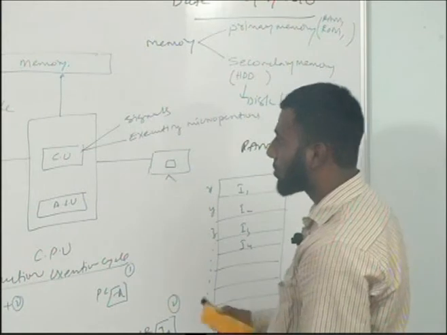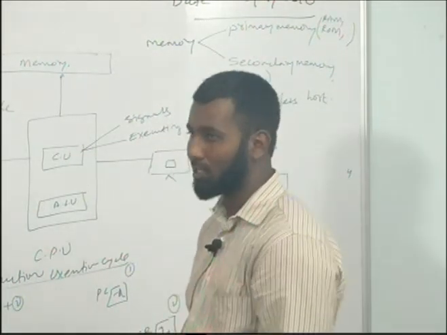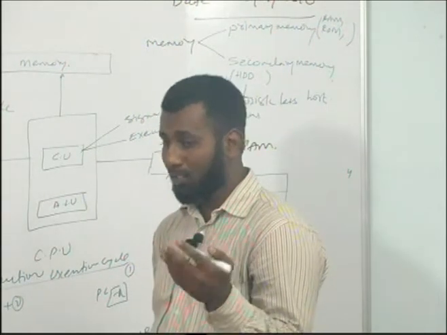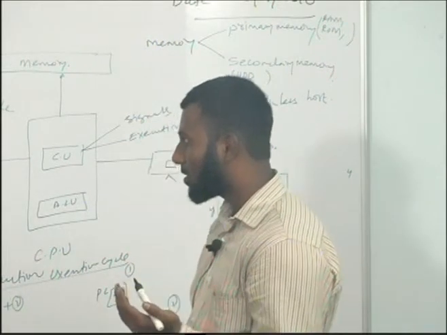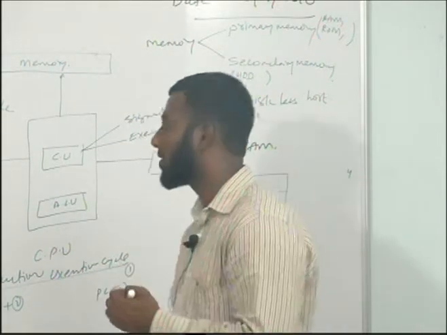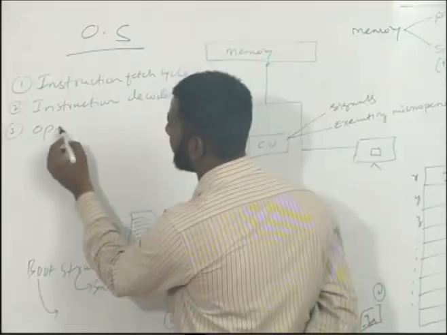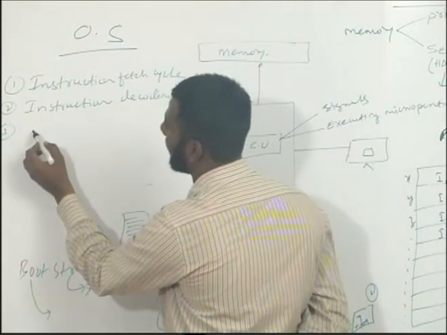Suppose it's an instruction like C is equal to A plus B. I have decoded the plus operation, but I have operands, and these operands also have to be fetched. This is called operand fetch.